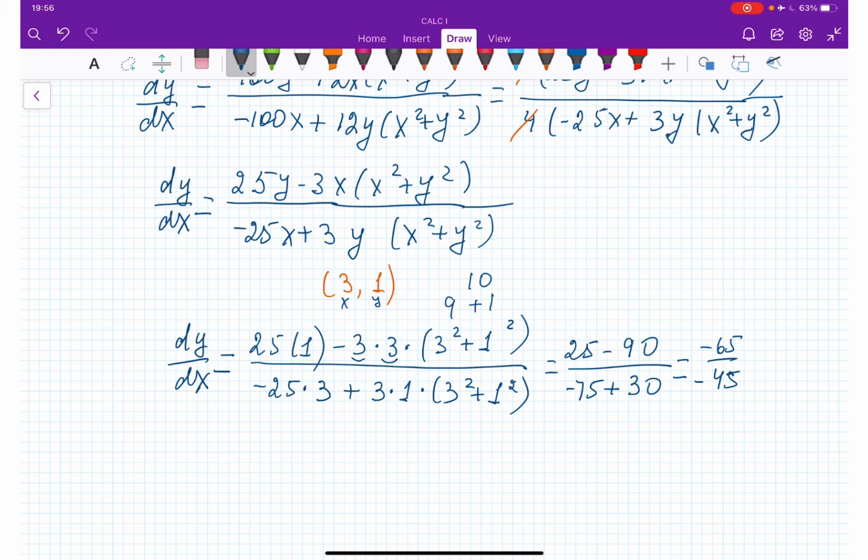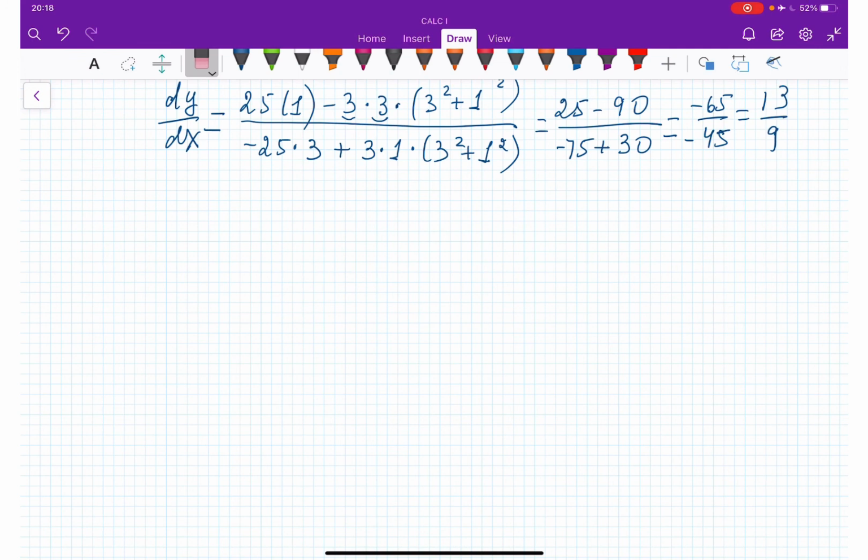And we reduce by 5, and the answer is going to be 13 over 9. All right? There we go. So the slope at this point is going to be 13 over 9.